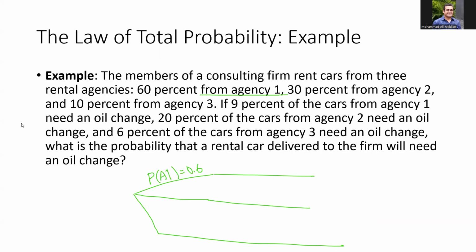Probability of agency 2 is 0.3 because only 30% of rental cars are coming from agency 2, and the probability of A3 is 0.1, which is only 10% of cars coming from agency 3.